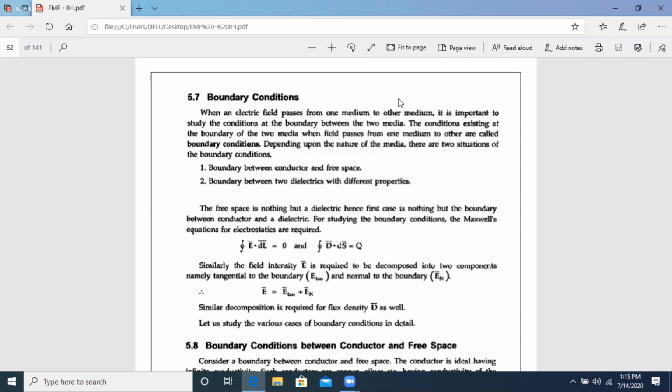Remember or recall Maxwell's equations. The integral of E dot dl equals 0, and the integral of D dot ds equals Q. Or the closed integral of E dot dl equals 0 and the closed integral of D dot ds equals Q.